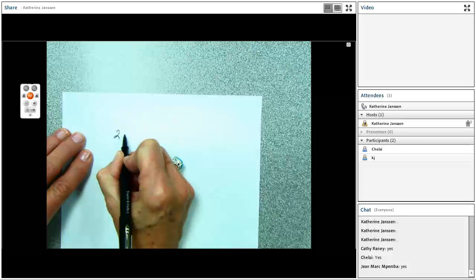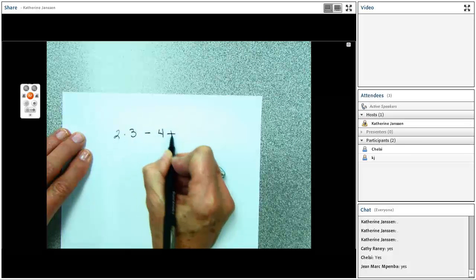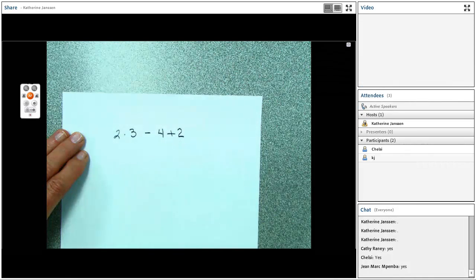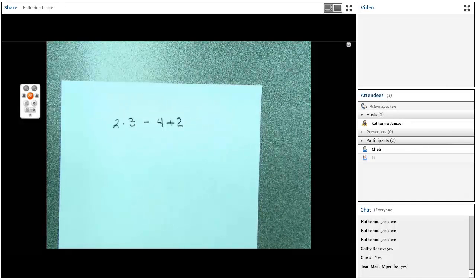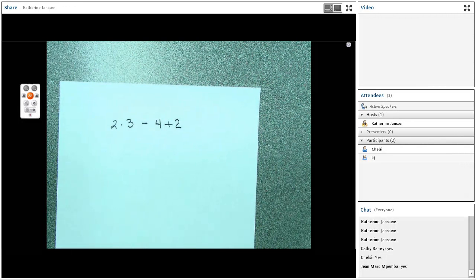Okay, 2 times 3 minus 4 plus 2. Well, there's multiple operations going on. I have multiplication and subtraction, a little bit of addition.